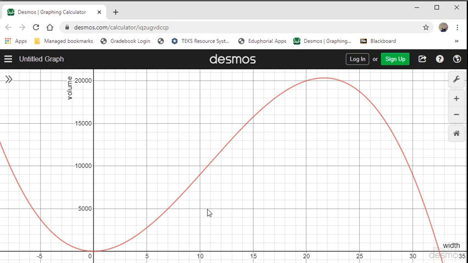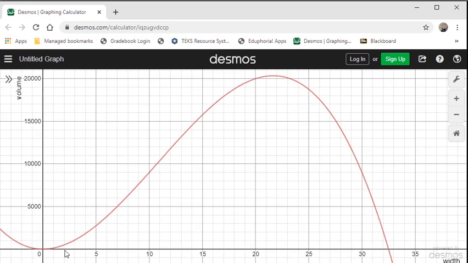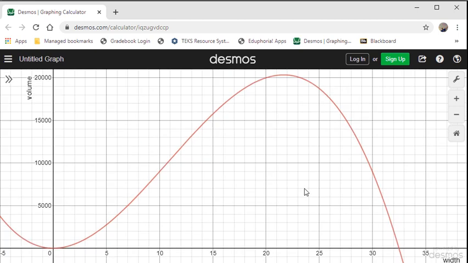Okay, so looking at our axes, right? Well, we see we can't have a negative width. Okay, we can't have a width sitting out here because that's just ridiculous. Okay, unless we're going into like the upside down or something, right? And you notice we go off below here, we can't have a negative volume, right? Because that would imply we have like negative mass or something, and that's getting into like Star Trek.